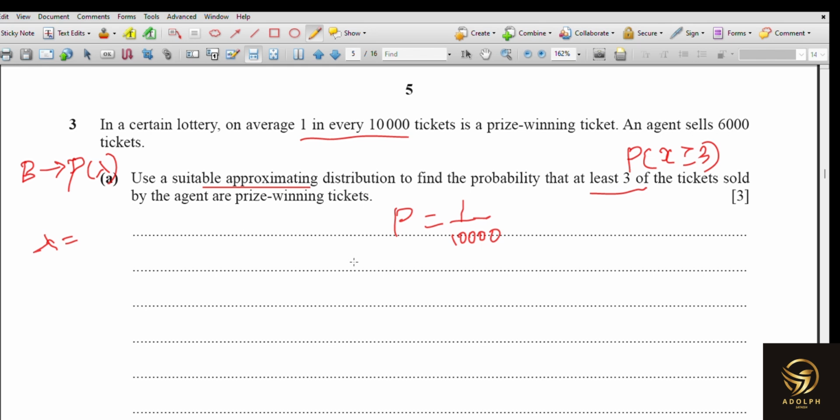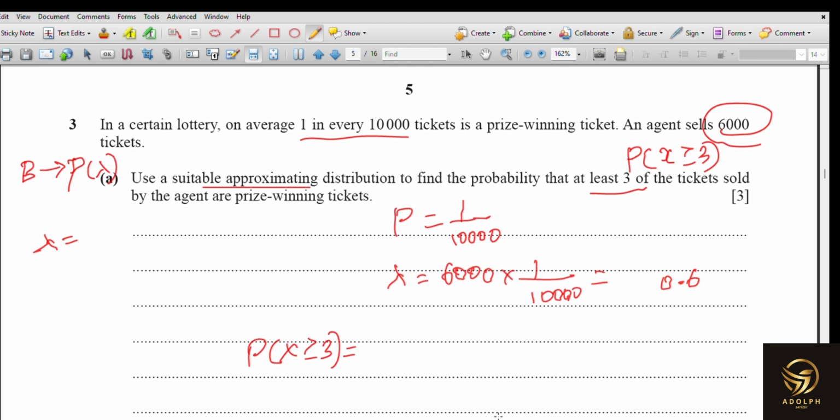To calculate lambda, we are aware that it is the mean, so it is n into p. N is 6,000. So 6,000 multiplied by 1 by 10,000 gives us 0.6, which is the lambda value. We have to calculate the probability of x greater than or equal to 3, so instead we will find 1 minus the probability of 0, 1 and 2.